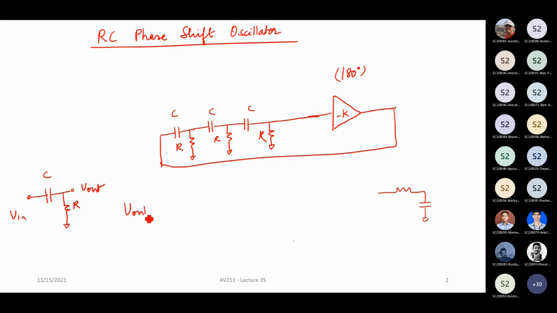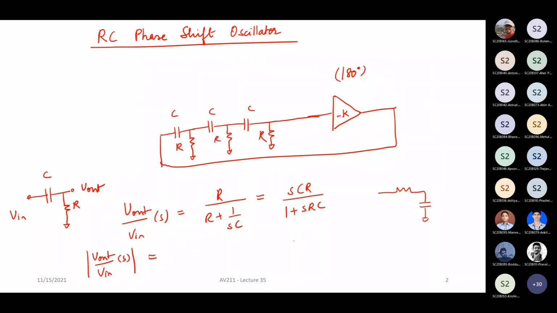So if you take this network, what is Vout by Vin of s? It can be written as R divided by R plus 1 by sC, right? And this becomes sCR divided by 1 plus sRC, right? This is the expression. Now, if you try to find out the magnitude of Vout by Vin of s, basically you can say this is omega RC divided by the root of 1 plus (omega RC) the whole squared, right?